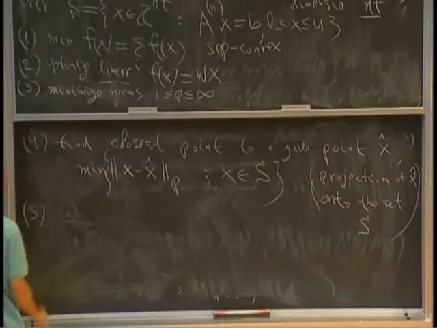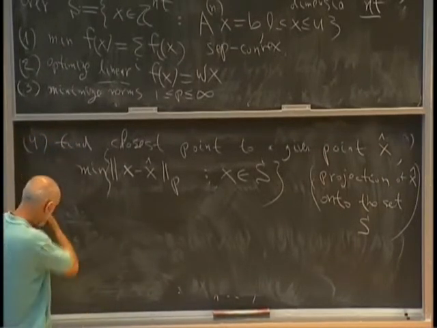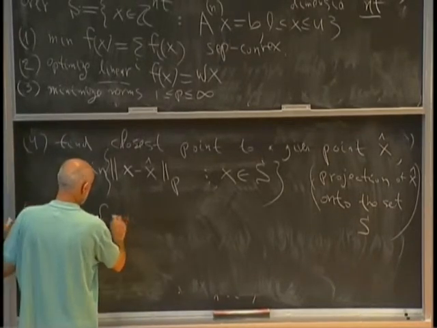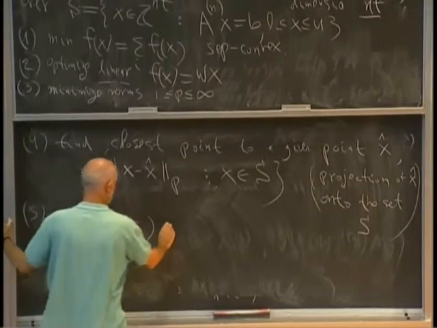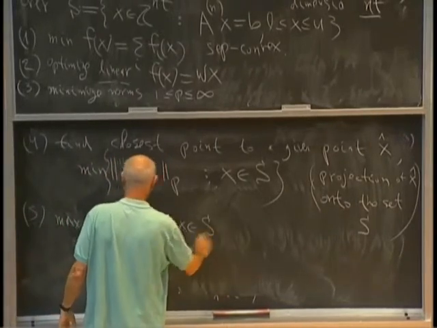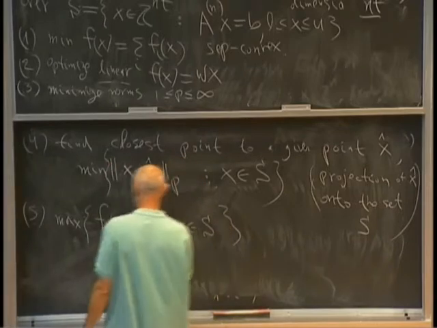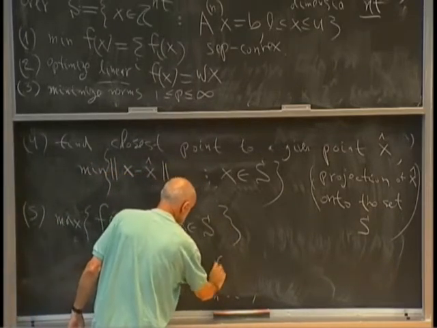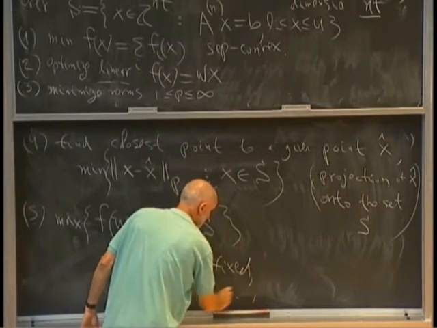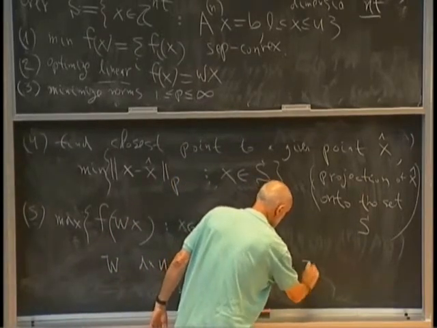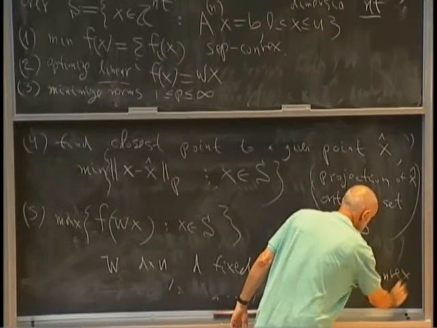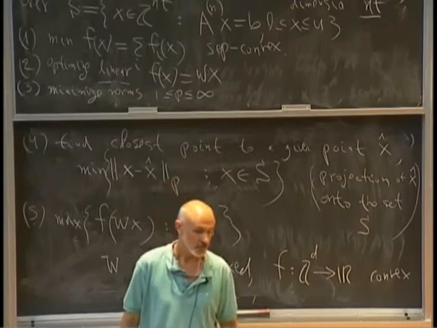5, we can do an extended version of this, which I'll use later. Okay, maybe I'll skip this one now. And the maximization of f of Wx, again, W is d by n, d fixed, and f is an arbitrary convex function on d-dimensional space, convex, not necessarily separable convex.